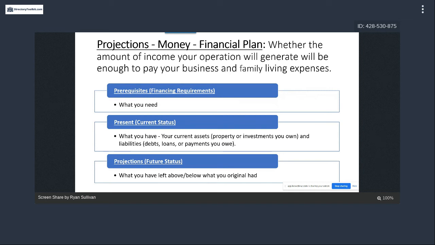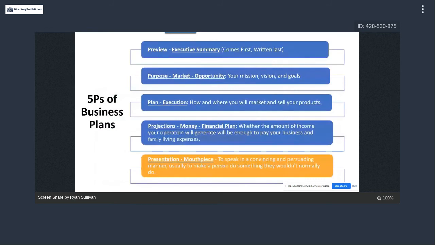So these are all critical aspects of the business projection financial plan: the prerequisites, the present status, and the projections. That is what you'll be looking for to know whether your business is a success, for investors, though I know a lot of us aren't in that position, for anybody that provides you money, or for your own self to know whether you're making ends meet for your business.